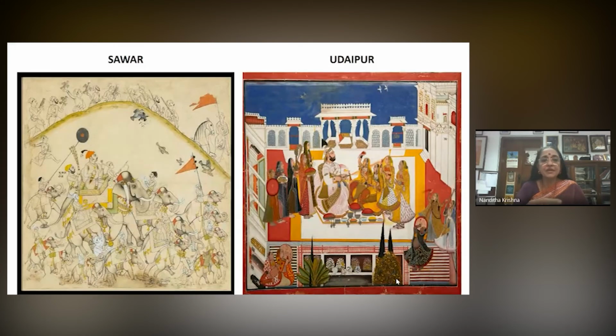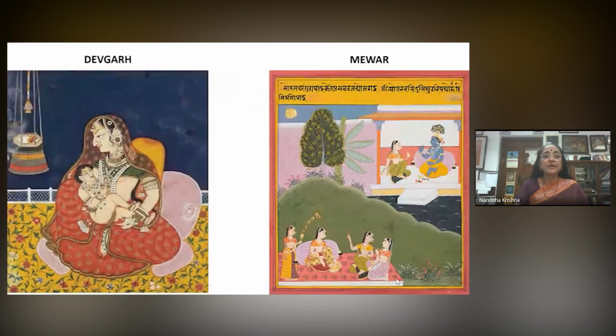Savar, you have this procession of the king on his elephant. Then Udaipur, which is a very stiff, rigid style with a lot of buildings around. Devgarh. And the last is Mewar. You can see the beautiful green tree and Krishna Radha in conversation.